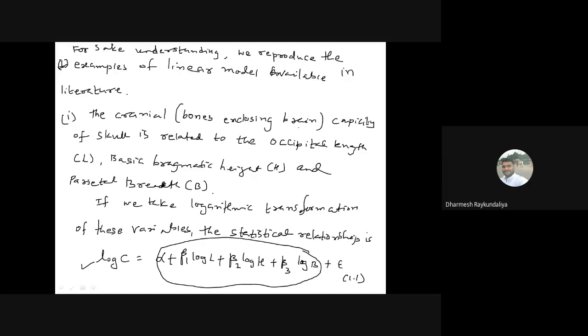So, what is the mean of log C? It is alpha plus beta 1 log L plus beta 2 log H plus beta 3 log B. So, why this deviation? Because this expected value is giving the cranial capacity, and that is not the same for each and every skull. There must be some variation. So, that variation will be given by the epsilon.